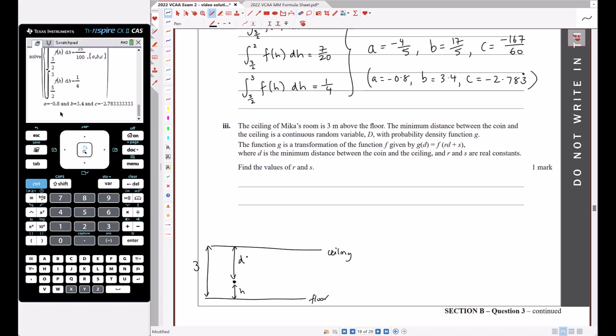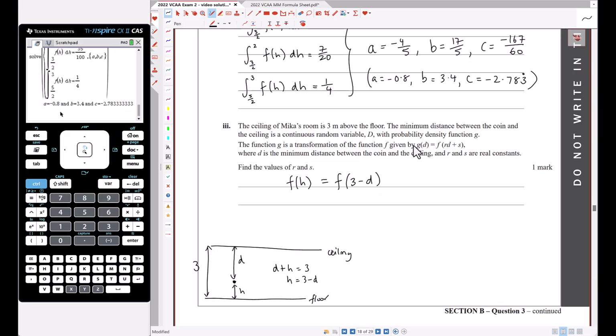and we know that this distance here from the floor to the coin is h, and this distance here is d. So the relationship between d and h is that d plus h has to be 3, and so h equals 3 minus d, or d equals 3 minus h. That means that instead of f of h, well, h is the same as 3 minus d, so that's f of 3 minus d.